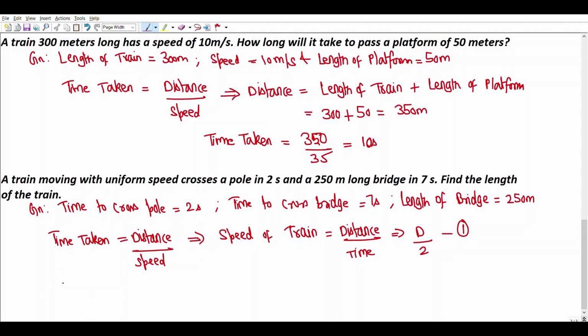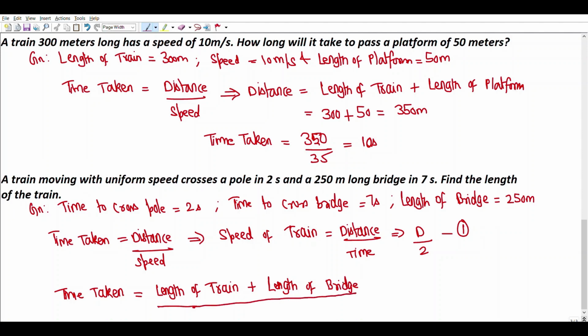So, time taken is equal to the distance traveled by the train, which can be written as length of train plus length of the bridge, the whole divided by speed of the train.